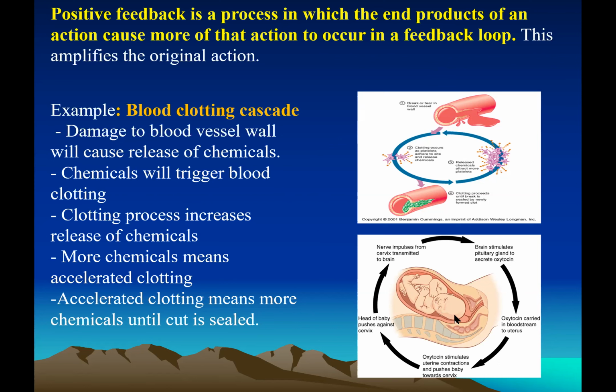Here the baby is birthing, so it's like crowning. The body will keep on making more and more oxytocin until delivery happens. So this is an example of positive feedback for maintaining homeostasis.